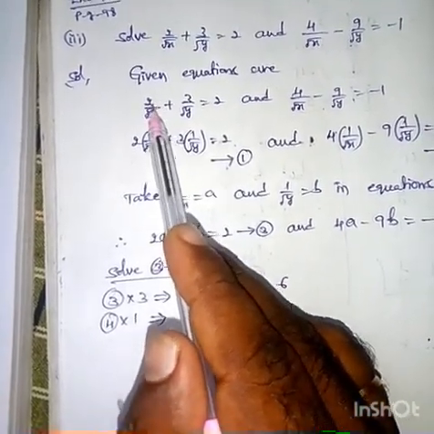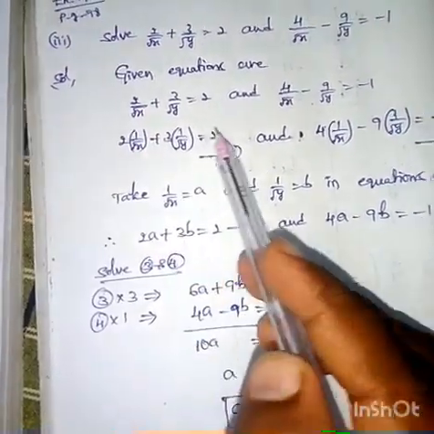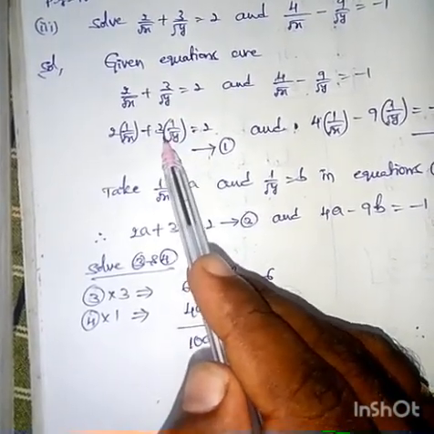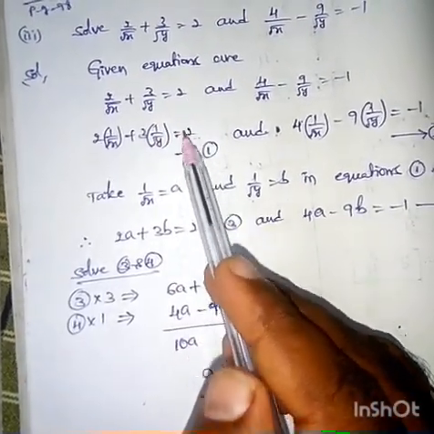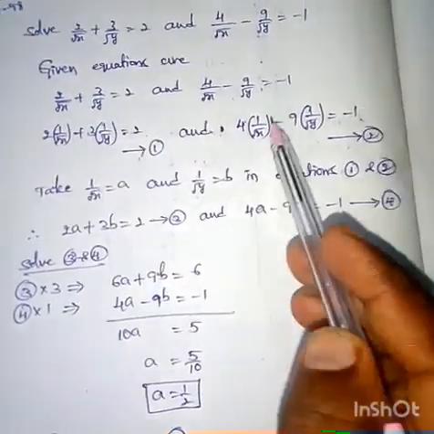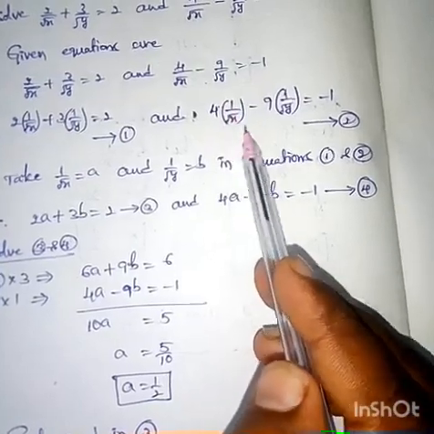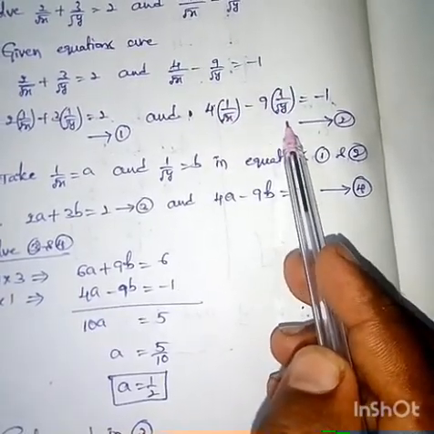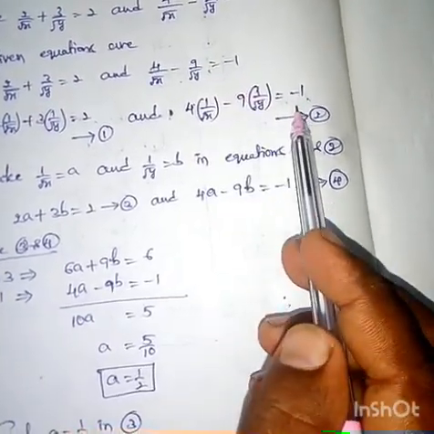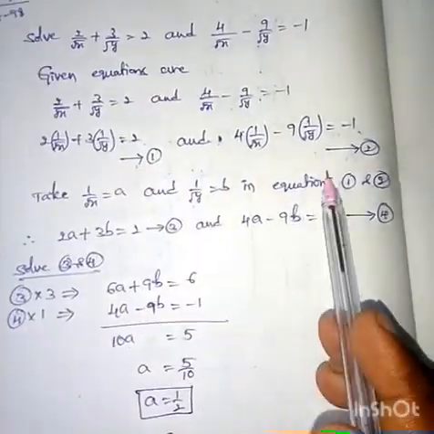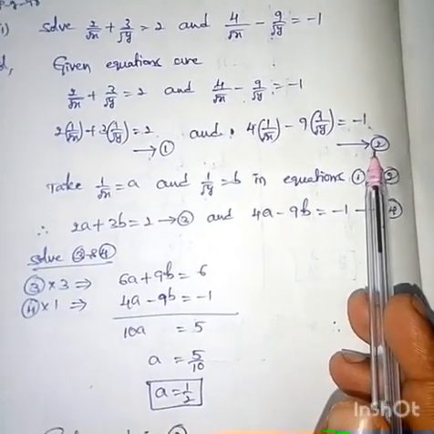That's why I wrote this value in another way. And similarly, I wrote the 3 by root y value in the form of 3 into 1 by root y equal to 2. And similarly, write this equation also in the form of 4 into 1 by root x minus 9 into 1 by root y, and write the minus 1 value as it is. Okay students, name this equation as equation 1 and name this equation as equation 2.